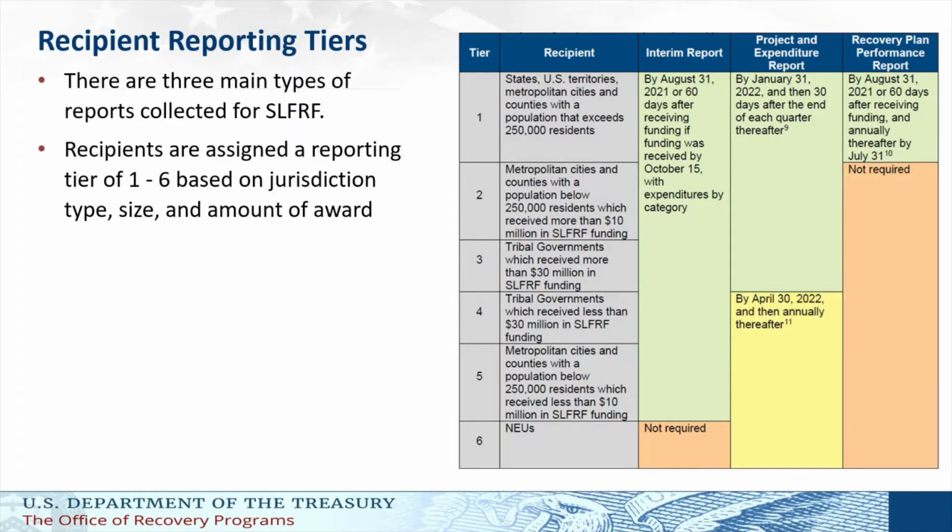The table on the right side illustrates this tiering, and you can see from the top of each row the three main types of reports collected in the program. This includes the interim report, the project and expenditure report, and the recovery plan performance report. The corresponding row for each reporting tier highlights how the reporting requirements may be different for each of these reports.